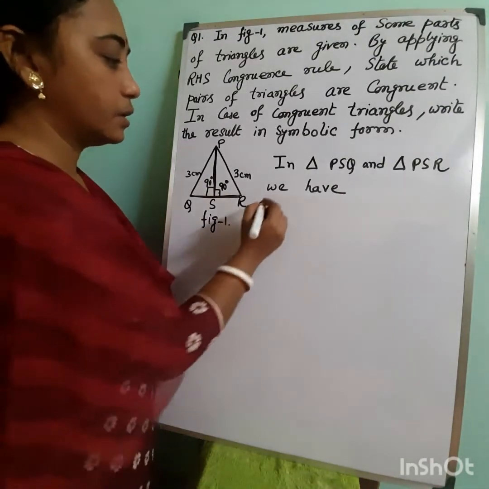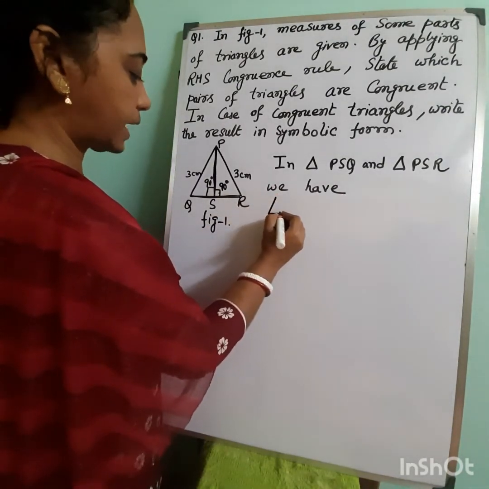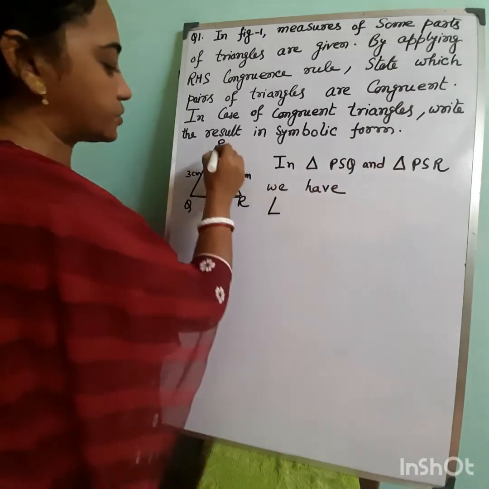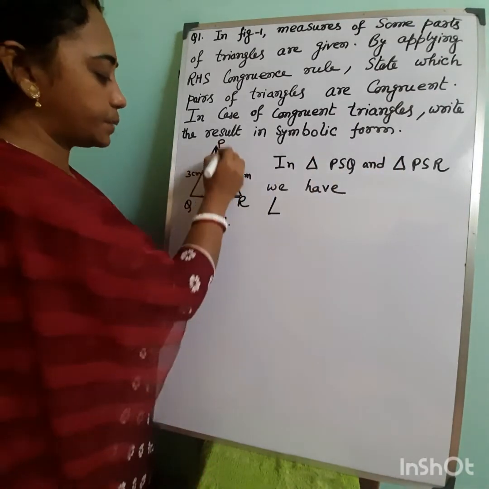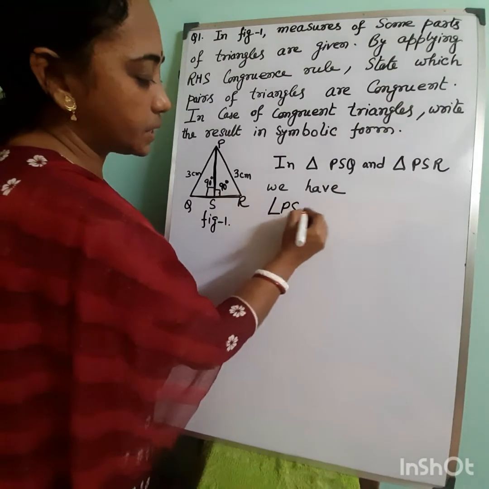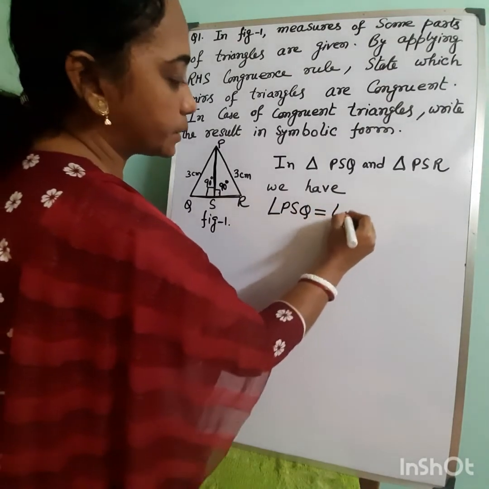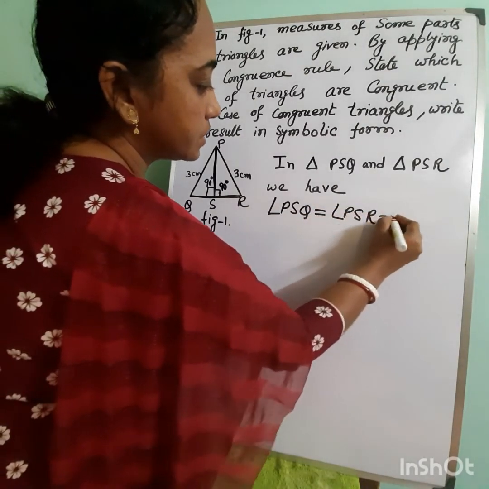So we can write from these two triangles, triangle PSQ and triangle PSR, angle PSQ is equal to angle PSR, which is here 90 degrees.